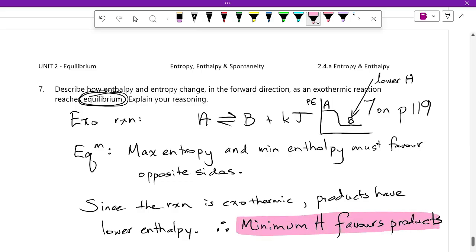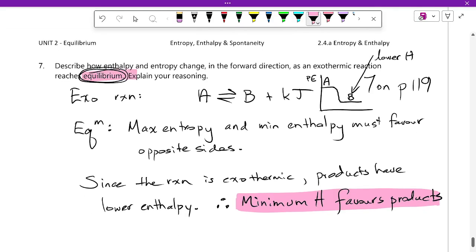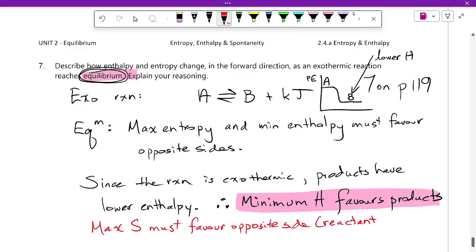If minimum enthalpy favors the products, and we have reached an equilibrium, what must maximum entropy do? It must do the opposite. Maximum entropy must favor reactants, the opposite side, to reach equilibrium.